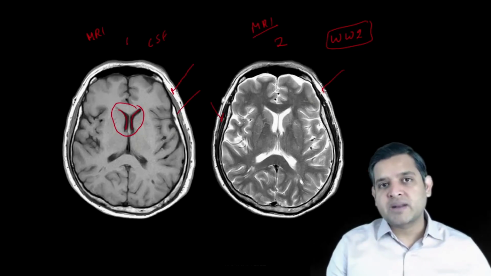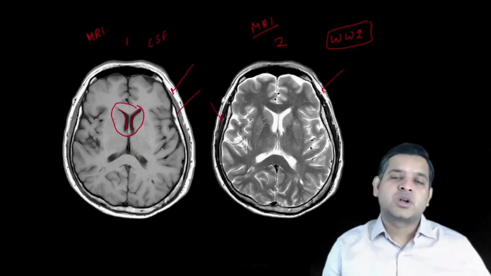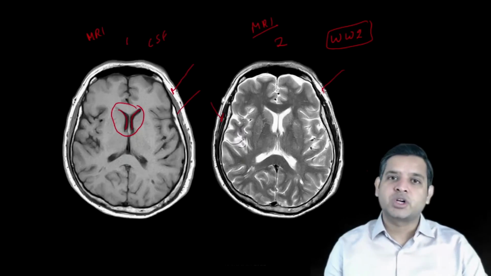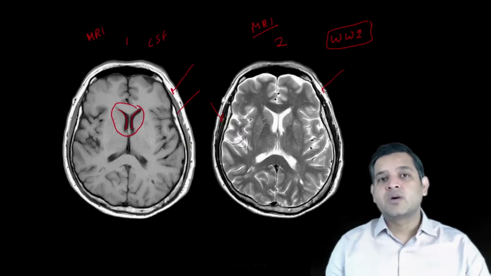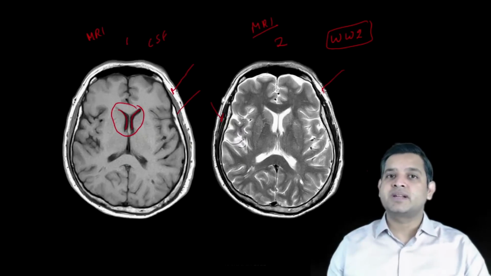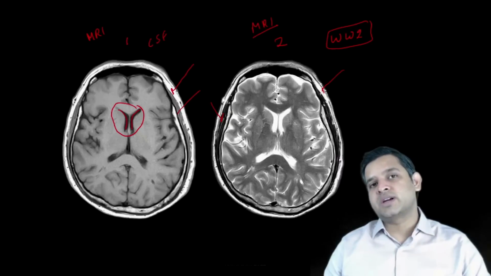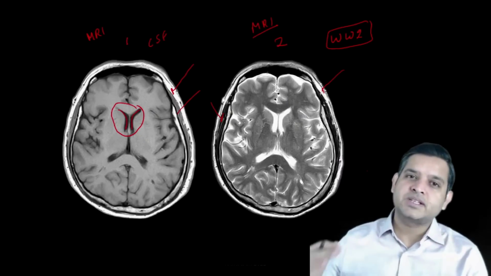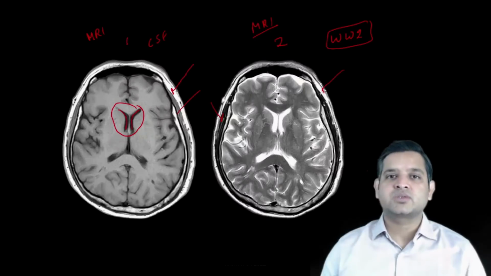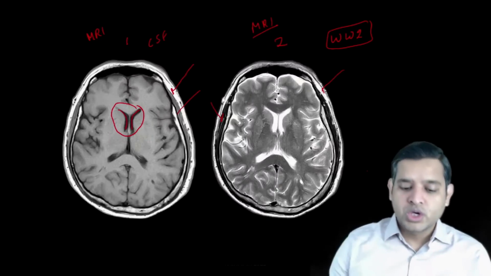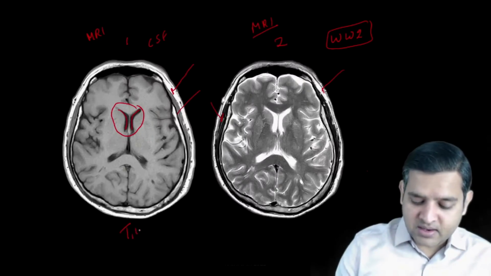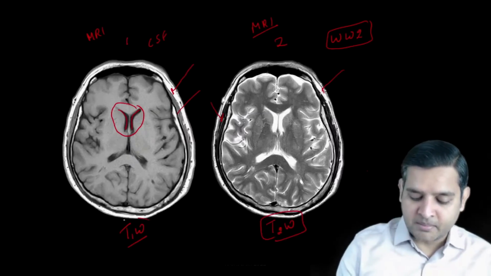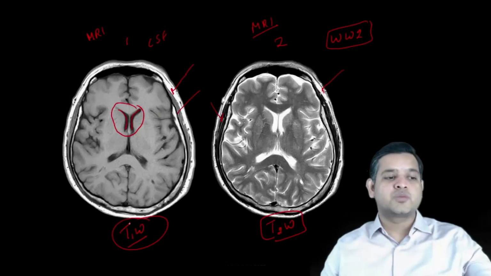No structure can be more white than water on a T2 weighted MR. Water is virtually hyperintense to everything on a T2 weighted MRI. So remember World War II. So this is a T1 weighted MRI and this is a T2 weighted MRI. And I want all of you to be aware of that.